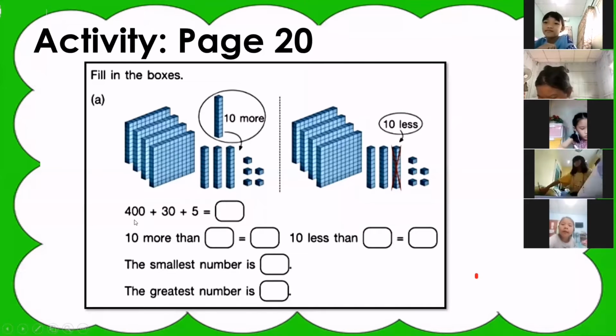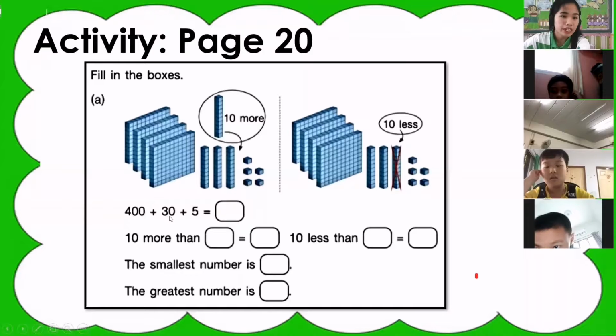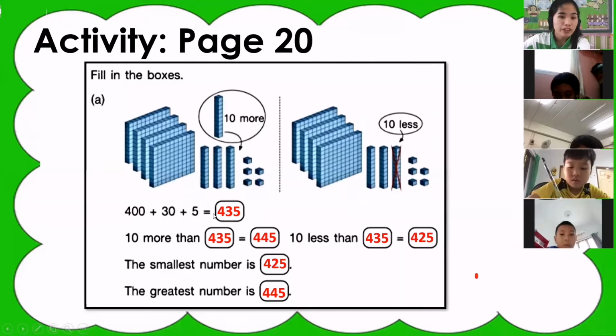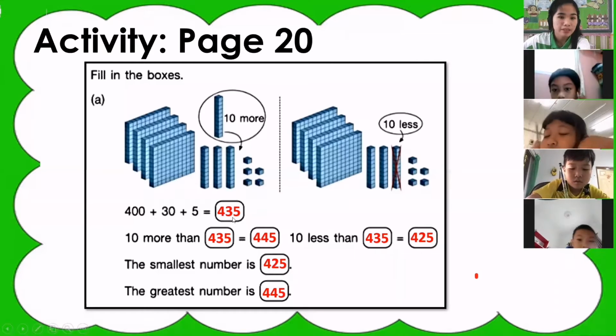Okay. So we have here 400 plus 30 plus 5. How many is that? Okay, that is 435. So you are going to write 435 on the box.